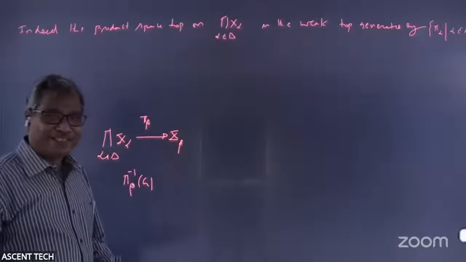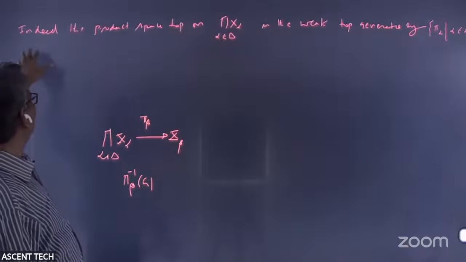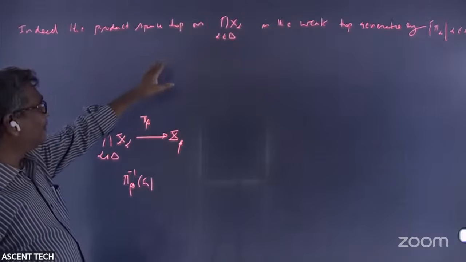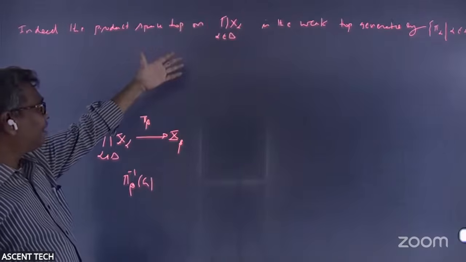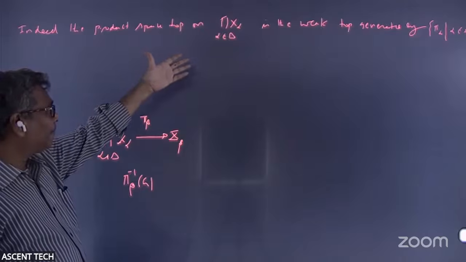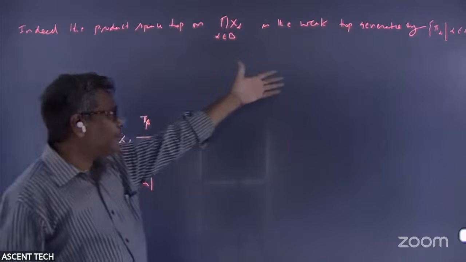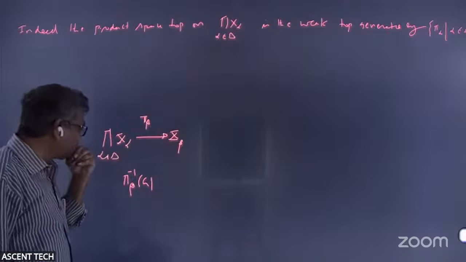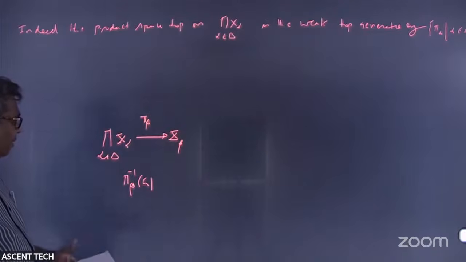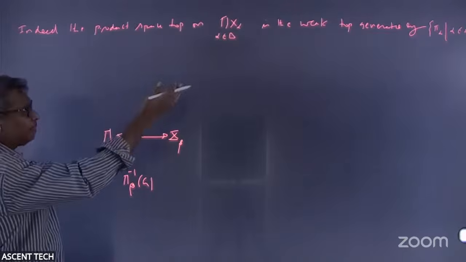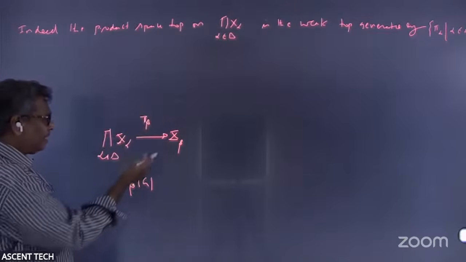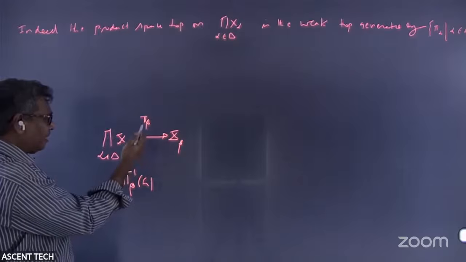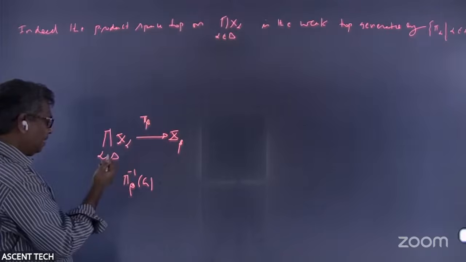All right. So our discussion starts from here. I want to say that actually the product space, product of X alpha, alpha in delta, is the weak topology generated by these things. Because what are all these things? If every projection map has to be continuous, the inverse image of open sets under every projection map should be an open set here.